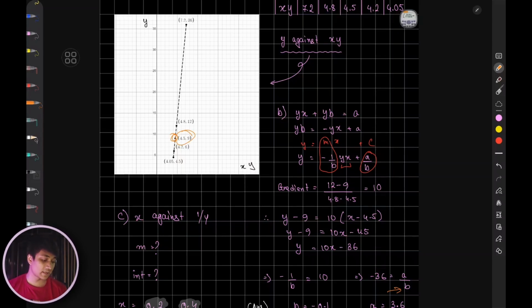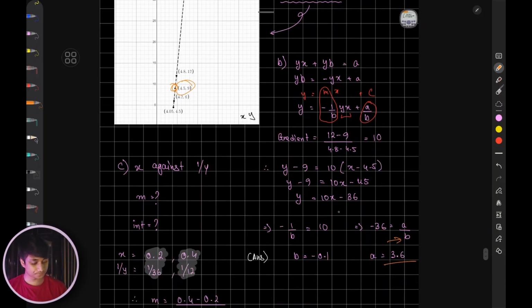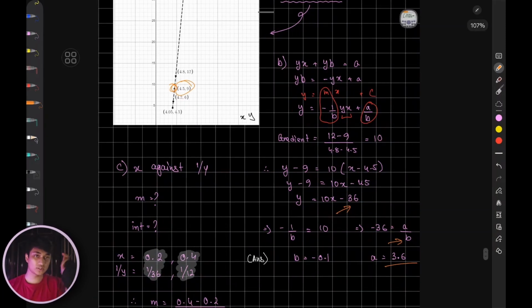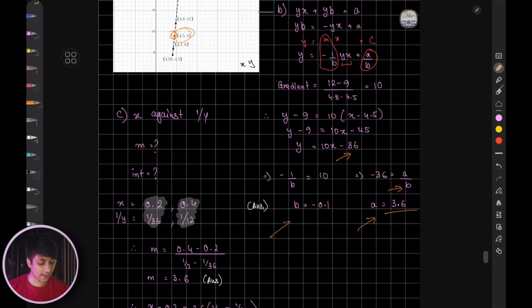Take any of the coordinates and use the x and y value and the gradient that you just found out, to form a straight line equation, which is to find the y-intercept. So by finding the straight line equation, you just found out the y-intercept, which is again what? A by b, because in your linearized equation, notice a by b is the y-intercept. So you're going to equate the y-intercept with a by b to find out constant a, and constant b you already found out. So that is it. Very simple.